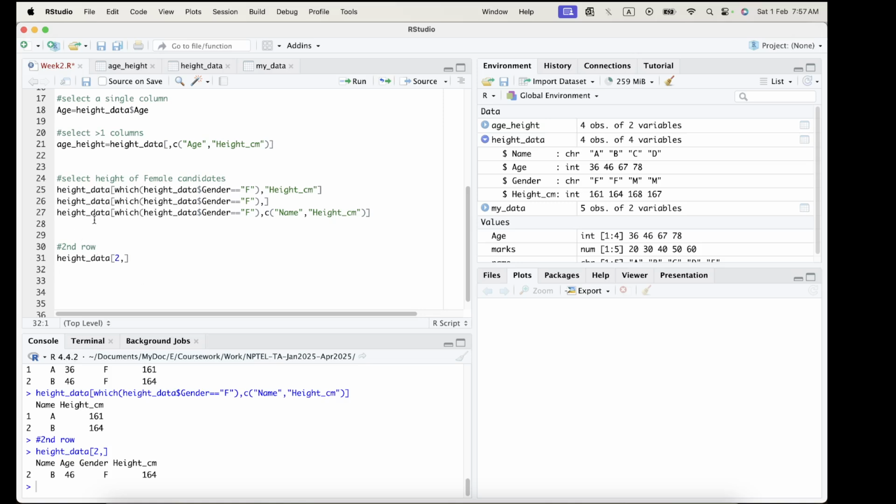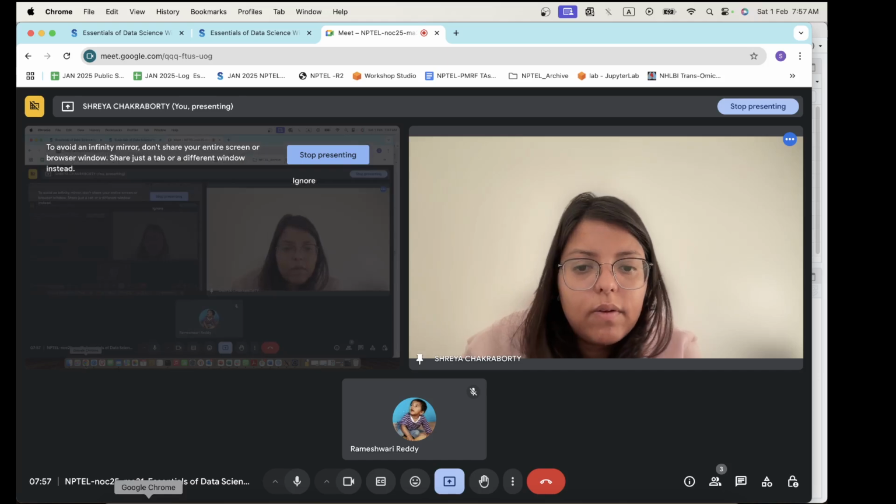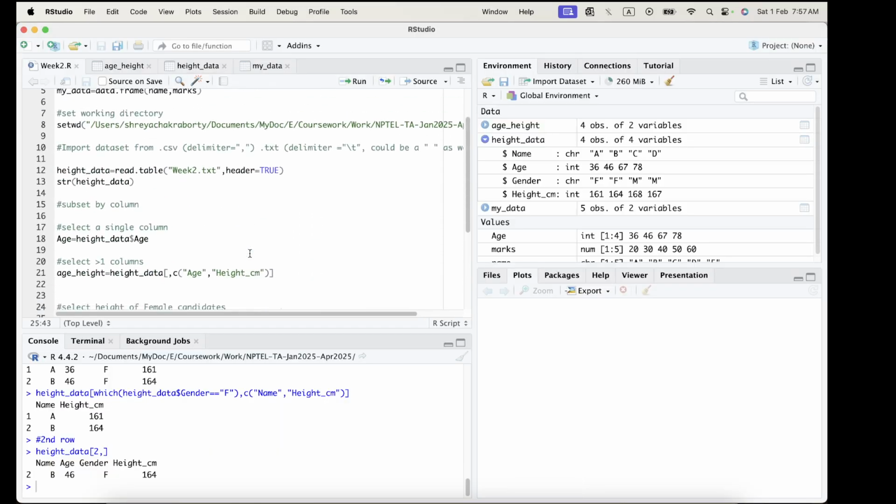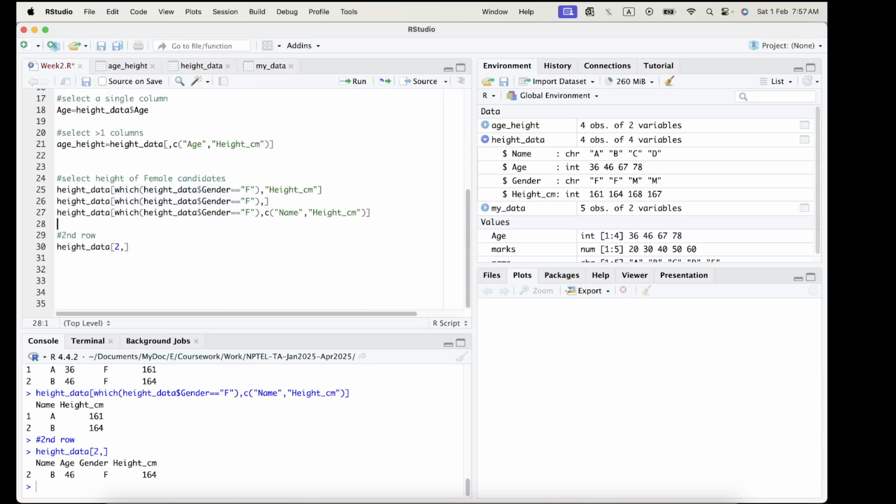So all of these complex things are actually this: the first part is returning the row indices, and then when we process that, we get the information present in that particular row. Is it clear? Is there any doubt? Please let me know. Alright, so this was about subsetting data frames.